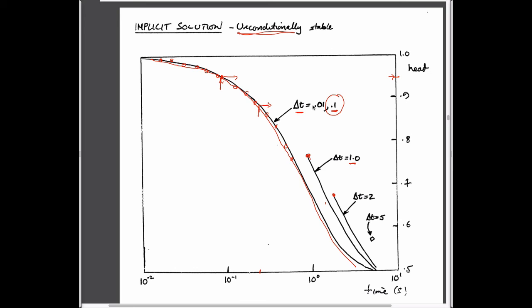The second one, which I think is equally important, is that the fact that these are on different trajectories is because of the discretization in time, the time step of 0.1 versus 1 second versus 2 seconds versus 5 seconds, is how it's discretized in time. So when we solve these systems, it matters not only how we discretize in time, but how we discretize in space.